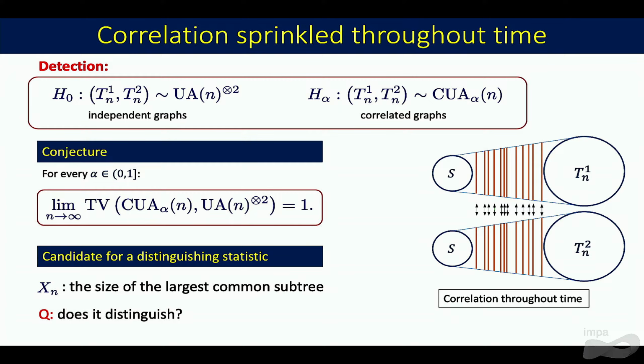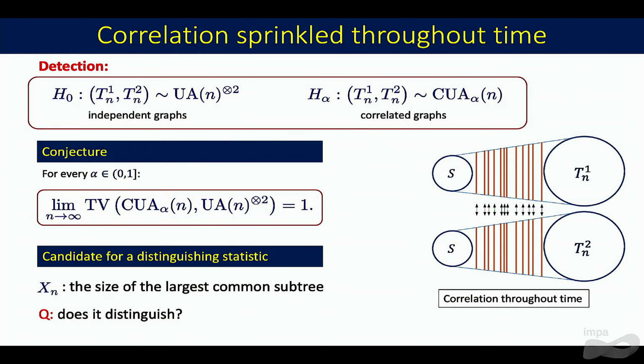One candidate statistic to distinguish is the size of the largest common subtree, because the size of the largest common subtree, in some sense, measures how similar two trees are. So this is a natural candidate statistic, and this is kind of where this question came from.